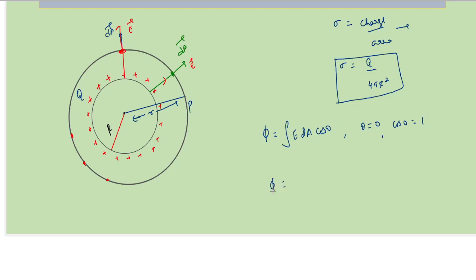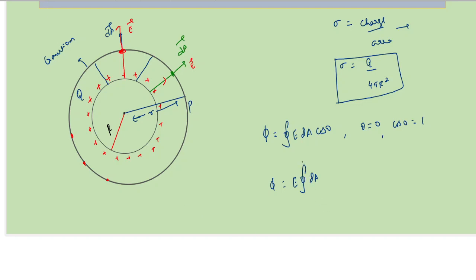Therefore, the flux is equal to, and do remember, the distance from the center to the Gaussian surface is always the same. That would mean that the electric field would be the same at all the points on the Gaussian surface, because of which this E becomes a constant. So E comes out, and what remains is a closed integral of dA, and dA means adding all the small area elements.